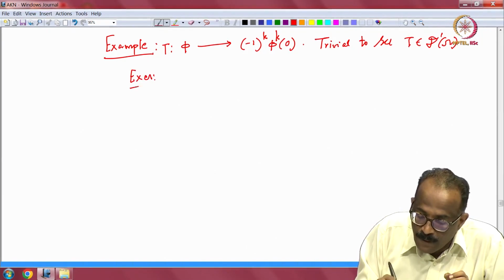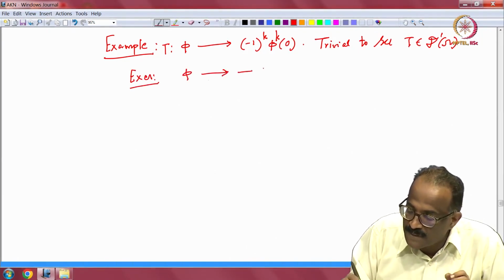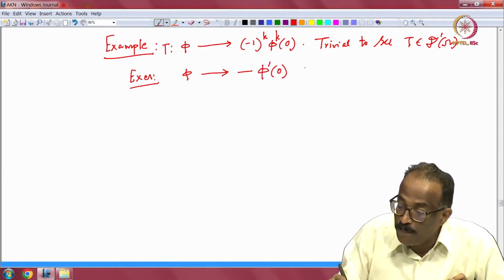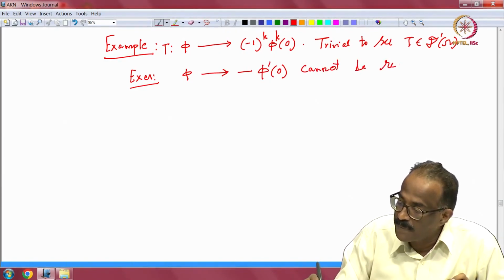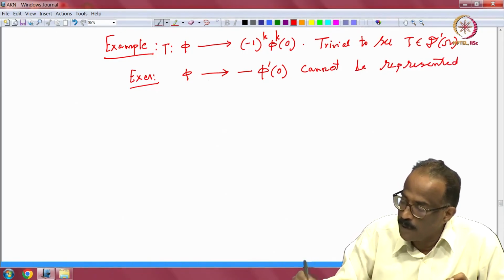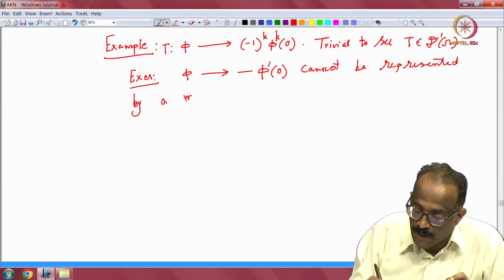For example, φ going to -φ'(0) cannot be represented by a measure. Forget about the function, it cannot be represented even by a measure.